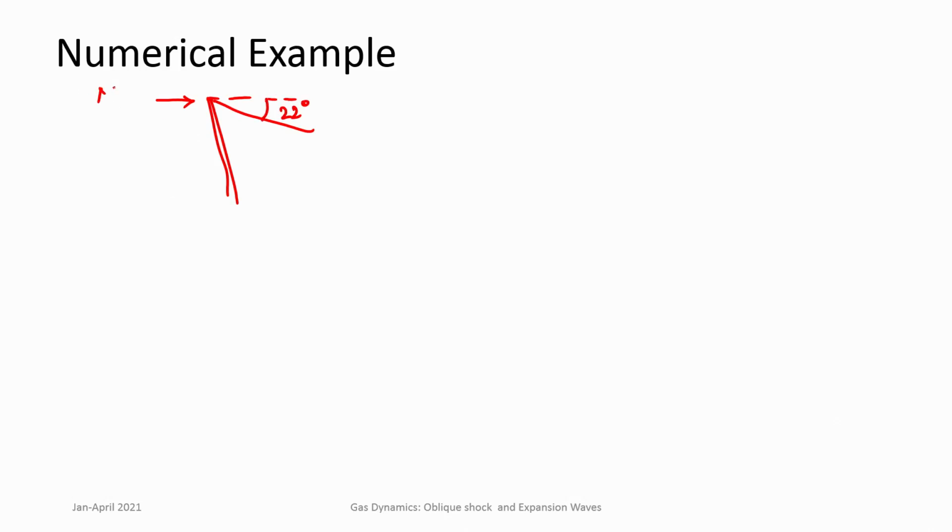Oncoming flow Mach number is 3.0, so theta is known, and the shock wave angle beta is 40.19. So this angle is 40.19. Now we know beta, so we can find Mn1, which is M1 sin beta.